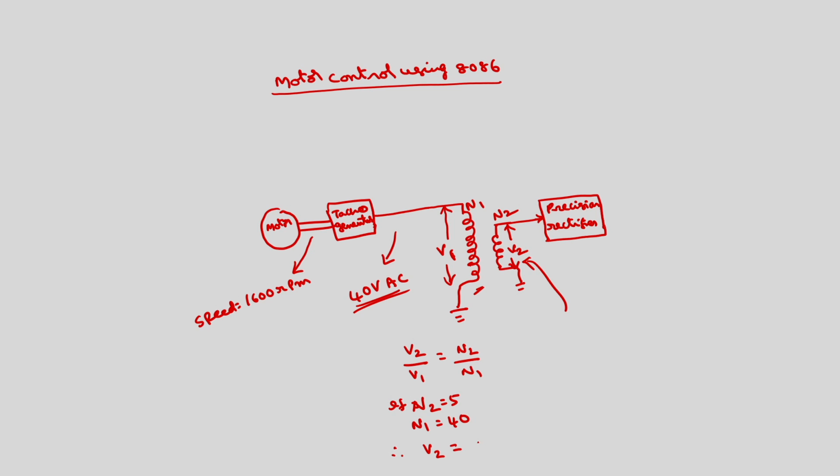V2 is equal to V1 into N2 by N1, which is equal to 40 into 5 by 40. So, you will get 5 volts. So, here we will get 5 volt AC.